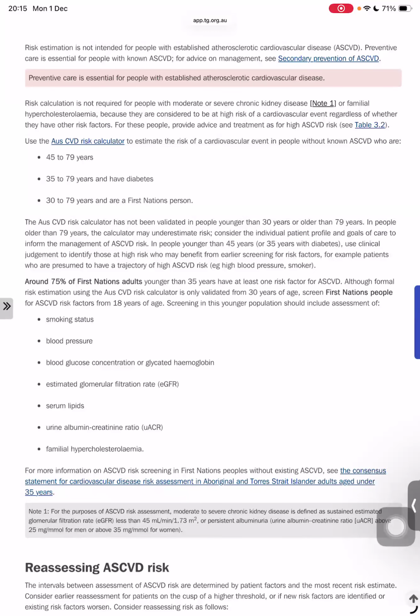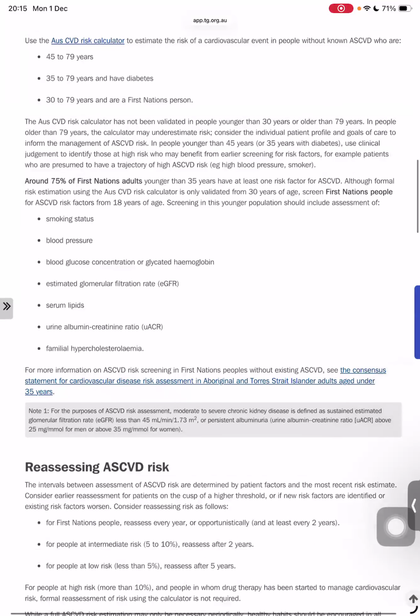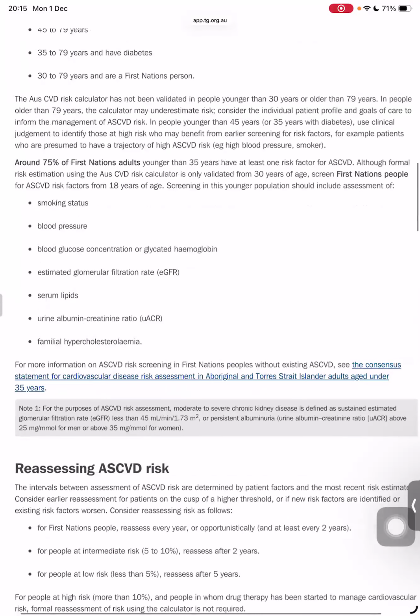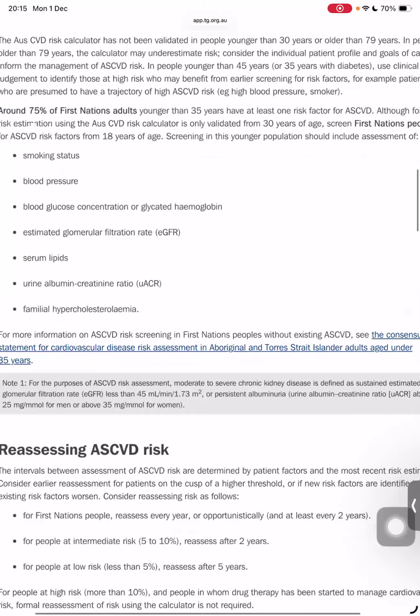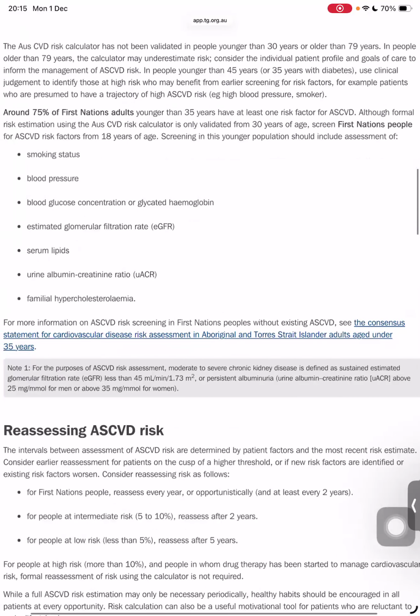Then you have to remember one more point. Read this point. Hope you all can see my screen. Around 75% of First Nation adults younger than 35 years have at least one risk factor for atherosclerotic cardiovascular disease.